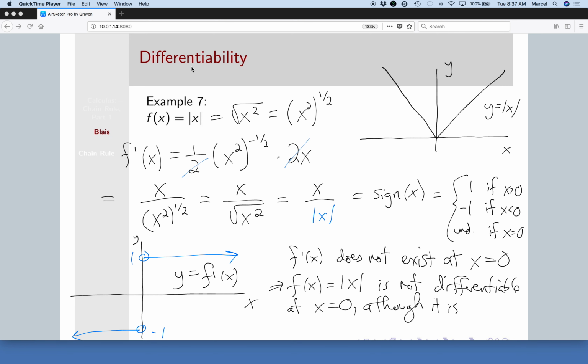Remember that differentiability is a stronger condition than continuity. Absolute value of x, again, we say, has a corner point at x equals 0.